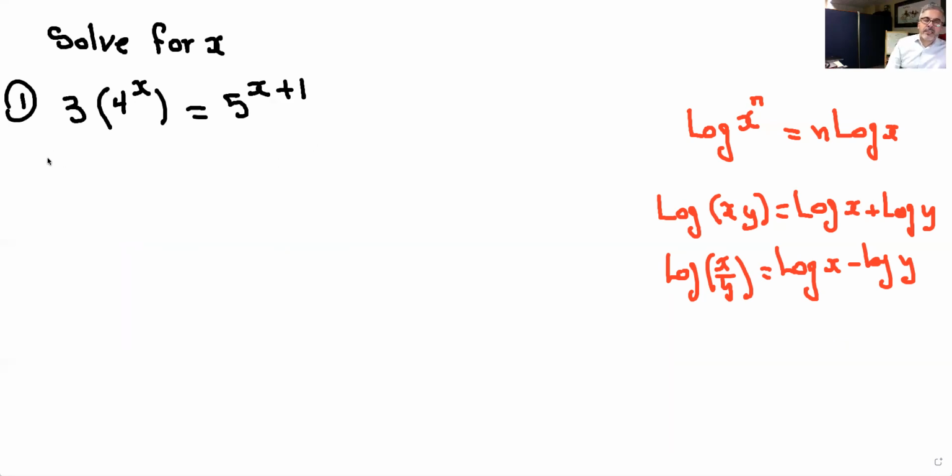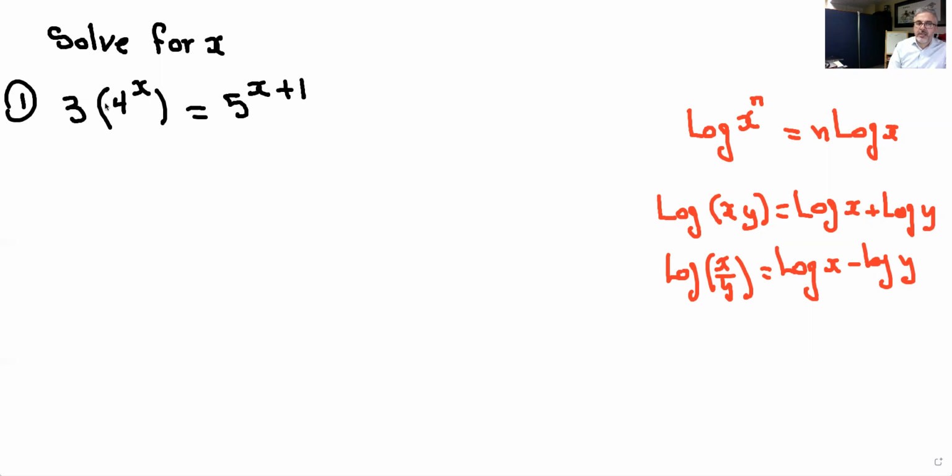Now this is the next question. What you need to do here is, again, log both sides, since you cannot make the bases the same. Also, a mistake that some students make is they multiply the 3 into the 4 and make it 12 to the x. But math doesn't allow you to do that.